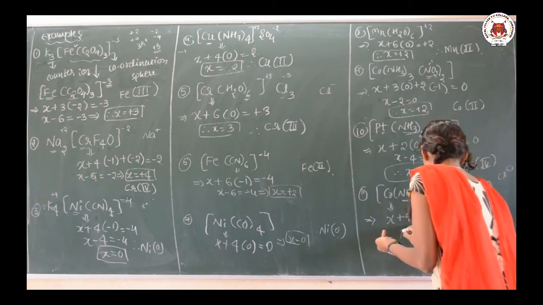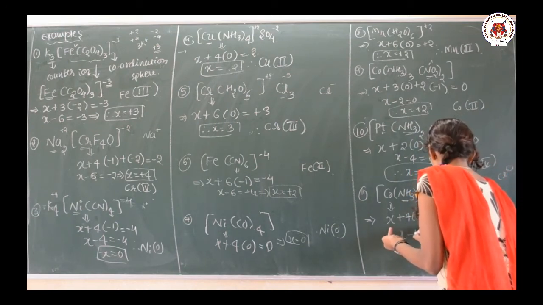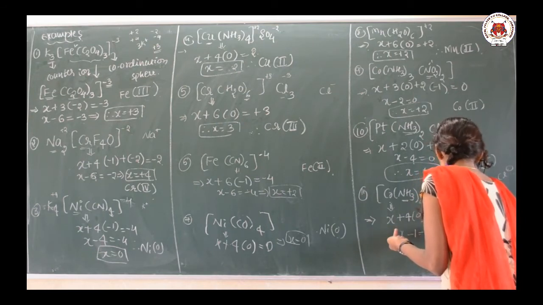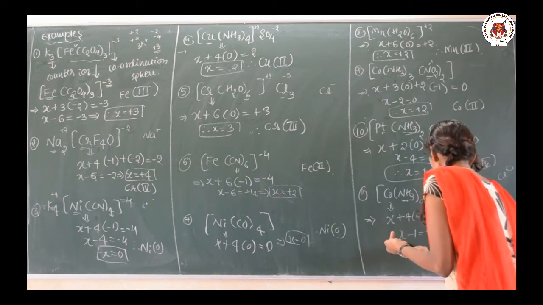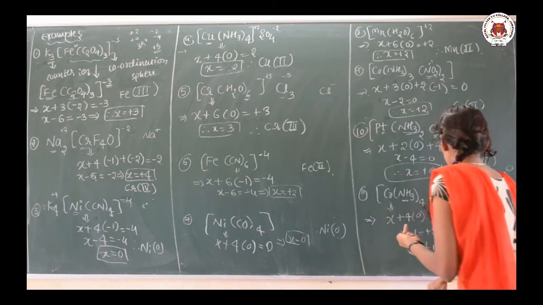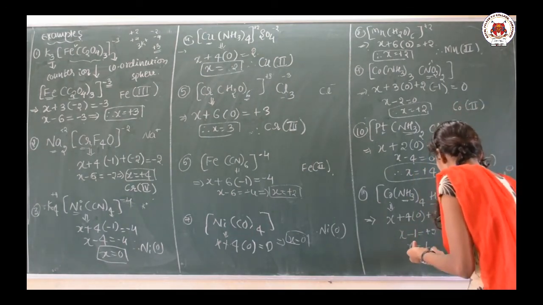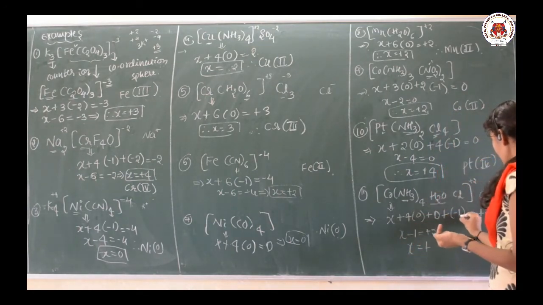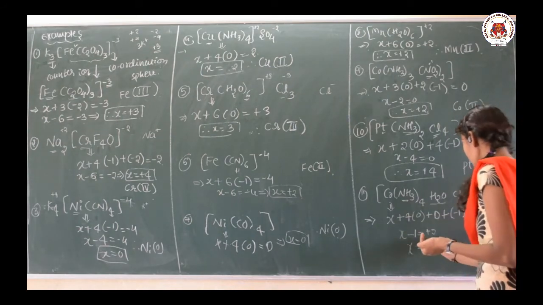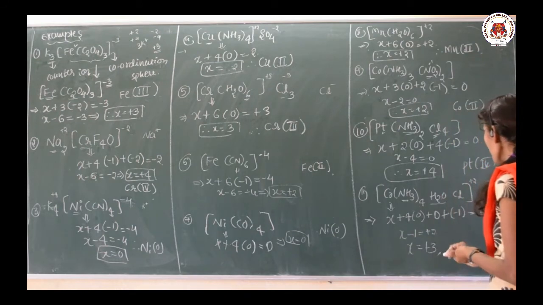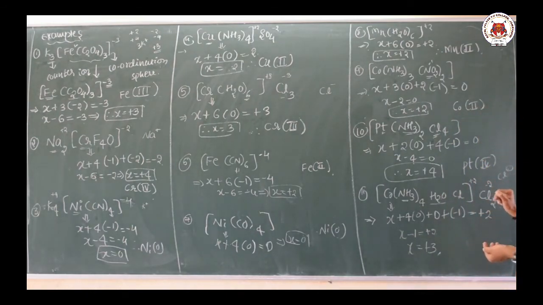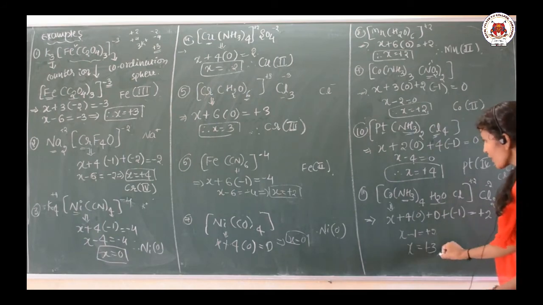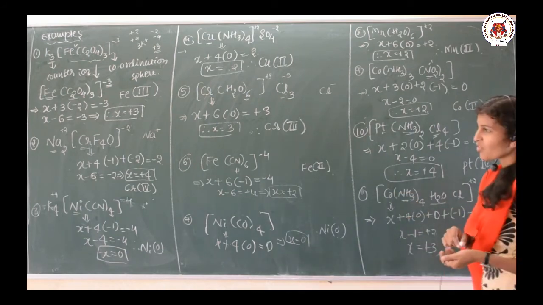Therefore, x minus 1 is equal to 2, therefore x is equal to +3. 4 into 0 means 0, and this is -1, and when this goes here, x is equal to +3. So, like this we can explain. If -2 is there, it means +2, obviously it is correct. So, the cobalt oxidation state will be +3.